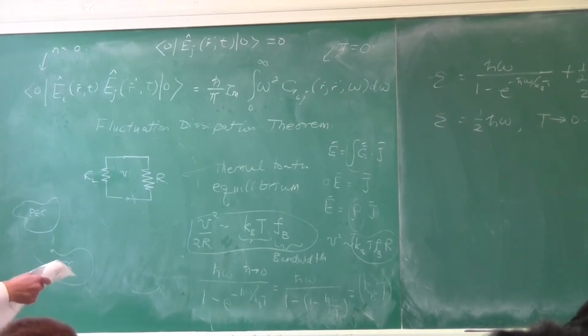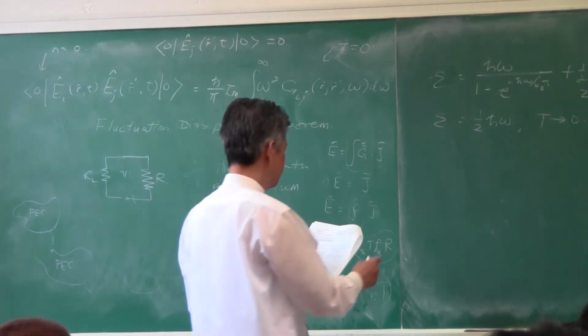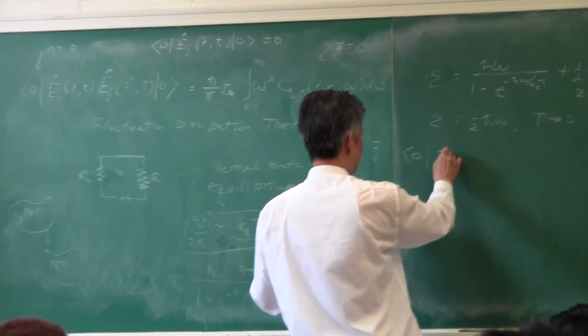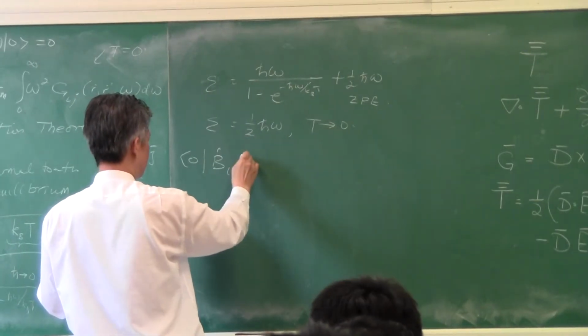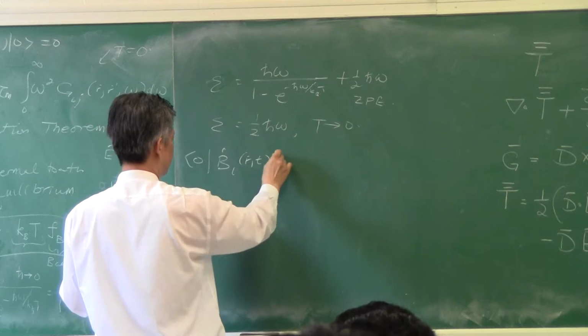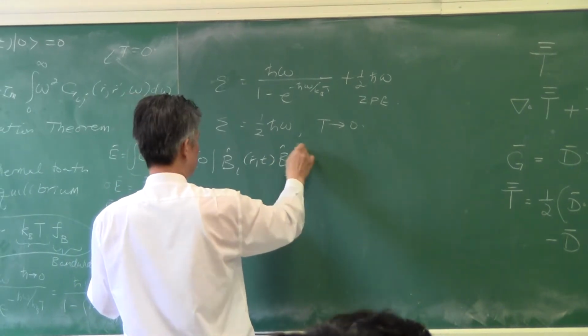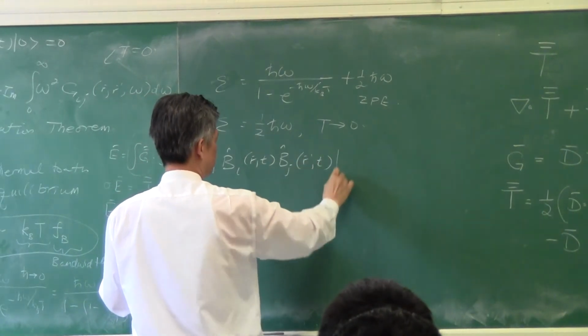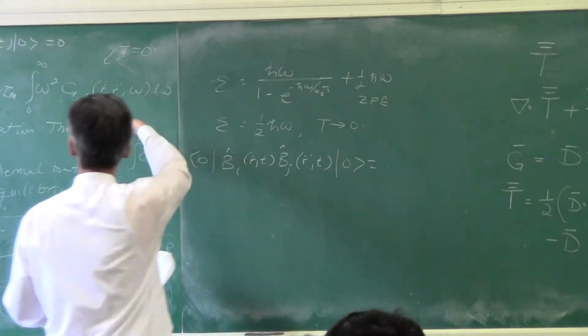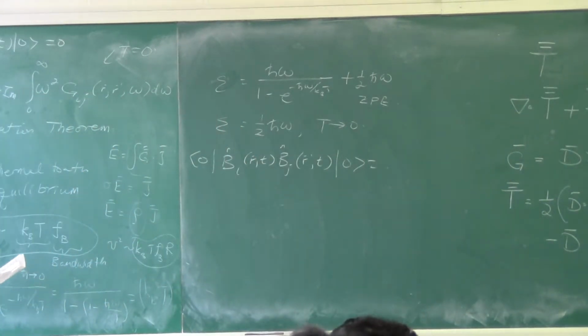And then we have other expressions too, which I wouldn't write down, but we have similar expressions for the expectation value of the magnetic field, equal to something like this on the right hand side, a lot more complicated.